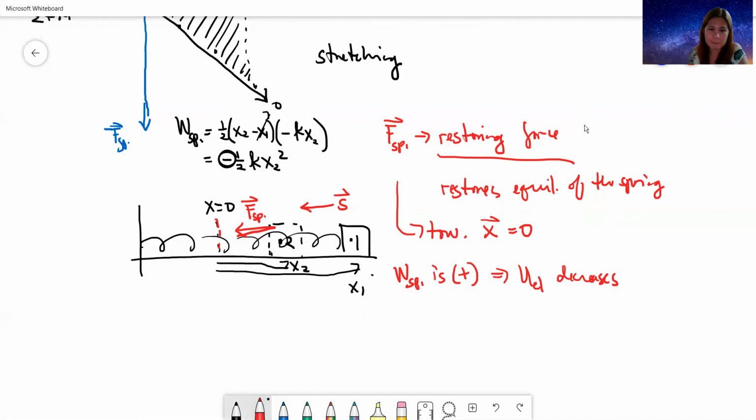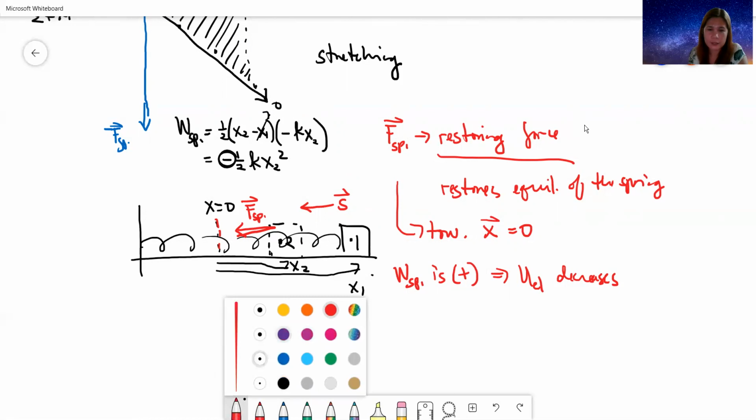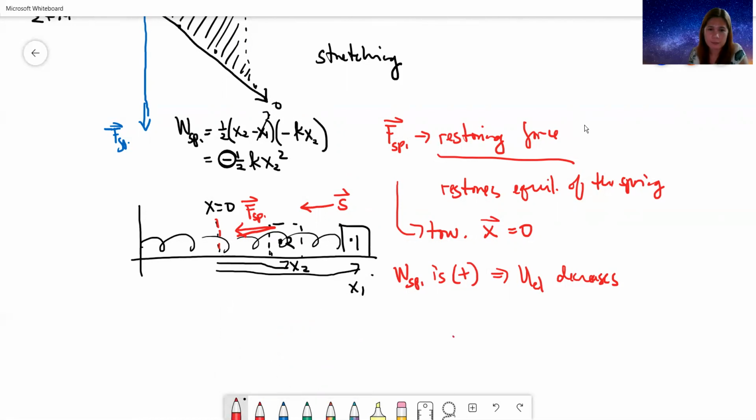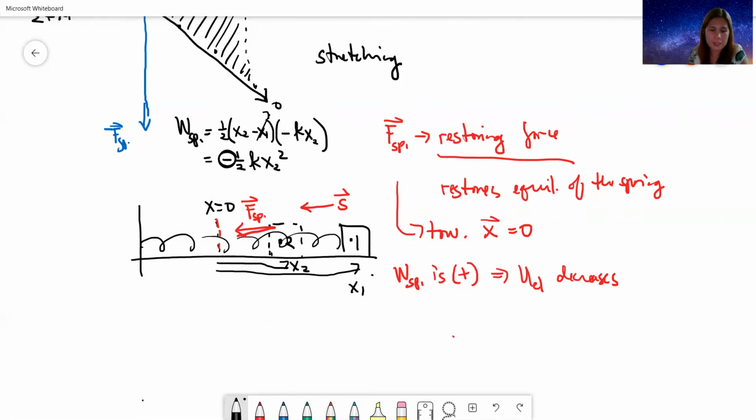Ano pa bang ibang example ng positive na work? Let's say, for example, if the box, ano naman siya? If the box this time is, let's say, so what else?